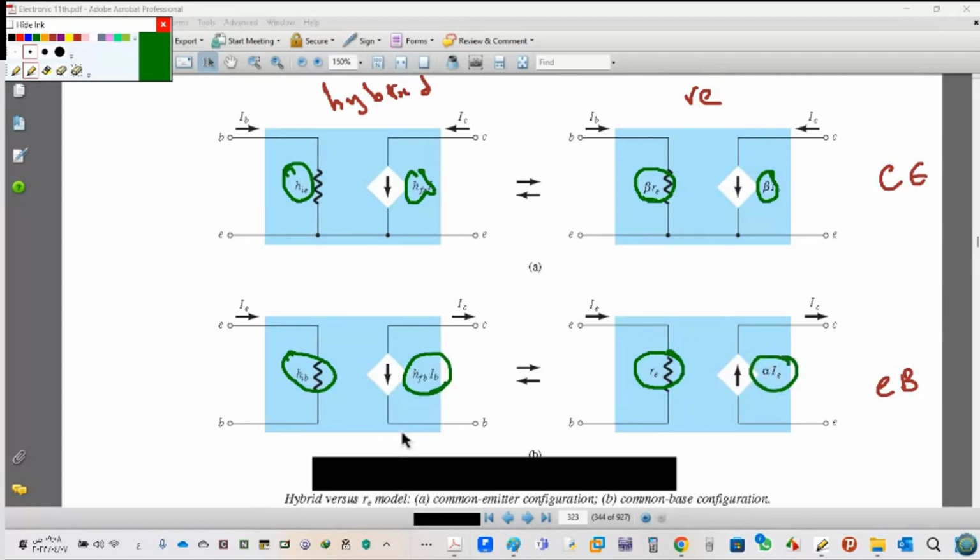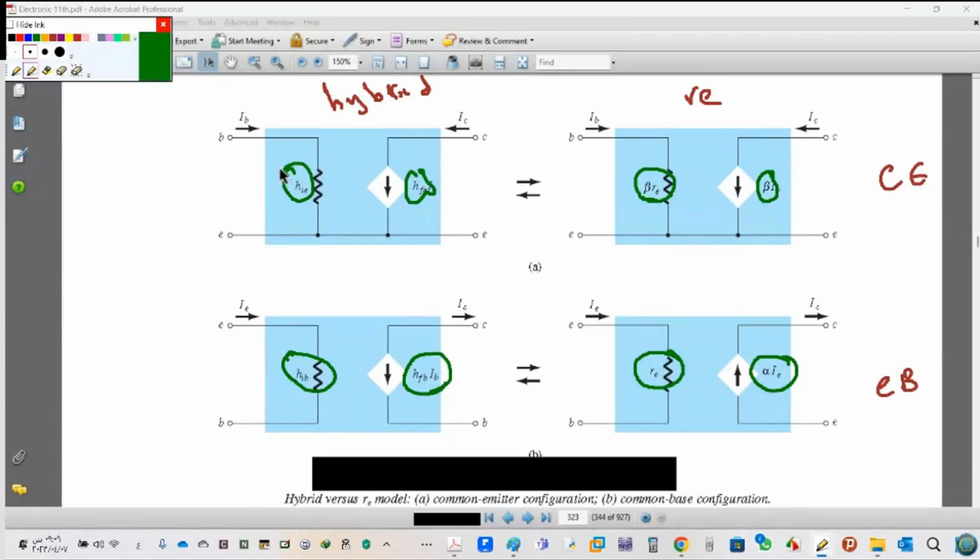Here we have a mistake. HFB, no, it should be HIE. Just a minute, we have a mistake. Yeah, HIE. Here HIE, sir, in your book is wrong.